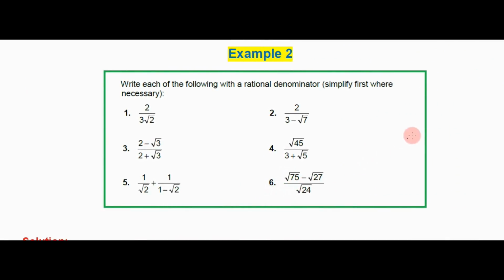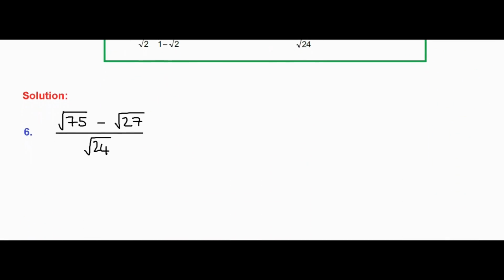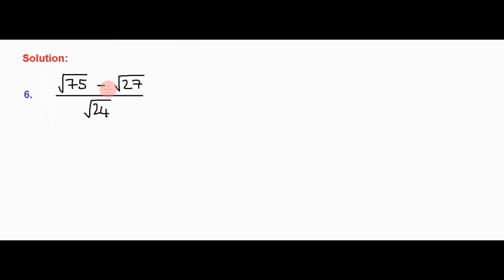Let's look at the last expression. So we have the square root of 75 minus the square root of 27 all over the square root of 24. And before we rationalize, we're going to simplify this.